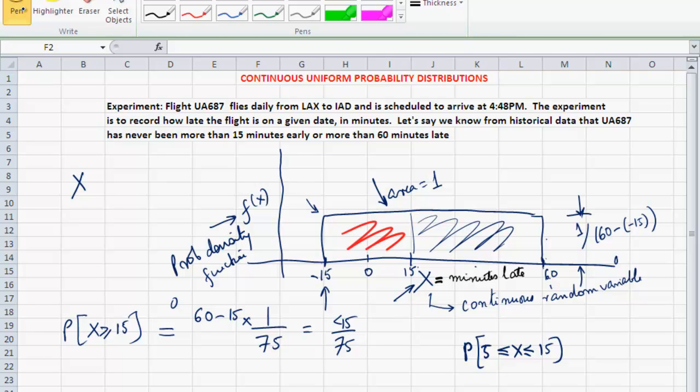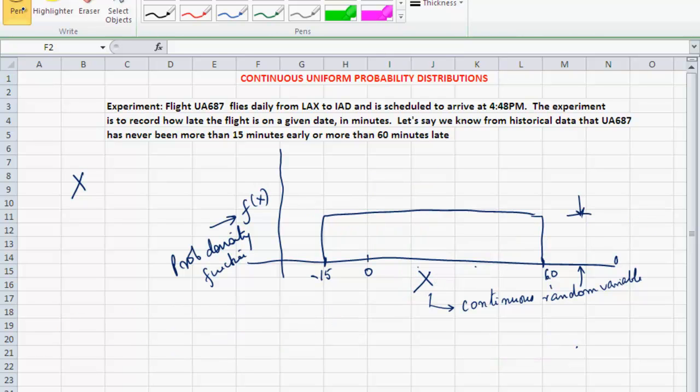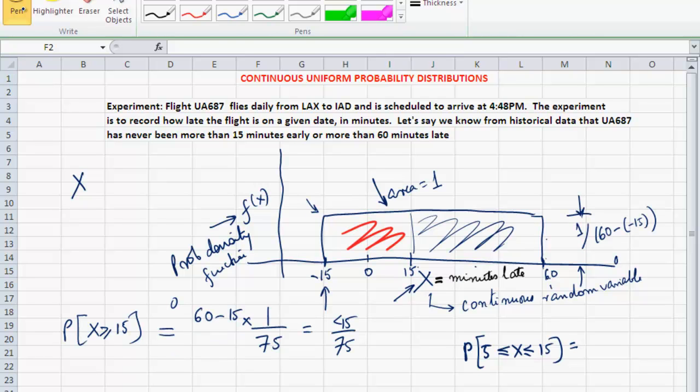If you think about the logic of it, it will be the area of the rectangle within the limits 5 to 15. So we're again talking about a shaded area, which is a portion of the distribution function that you see in front of you.